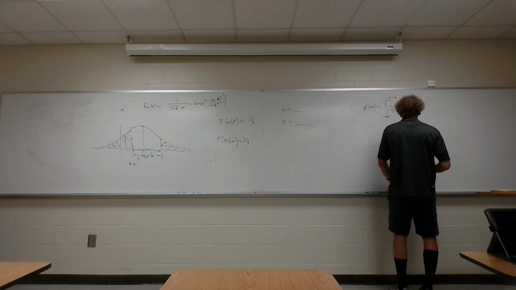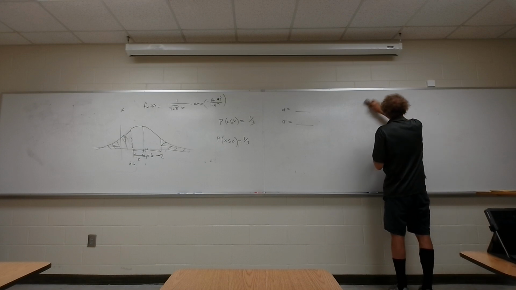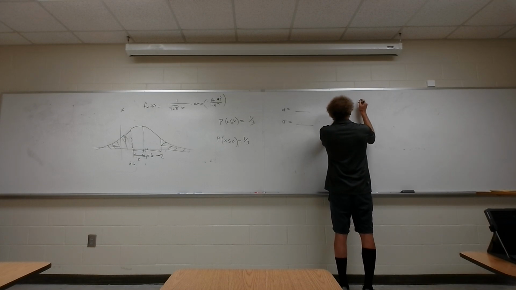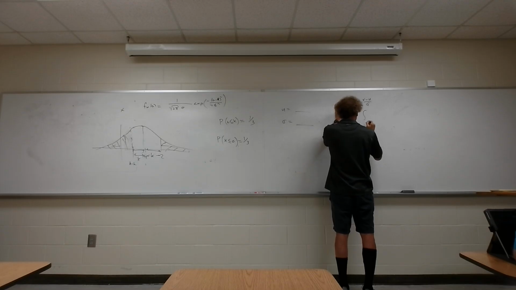Oh, what am I doing? I'll normalize right away. Make it easy. So now I'll say that x is equal to x minus the mean over sigma. So I can say the integral from, or what I want to do is get this lower limit.